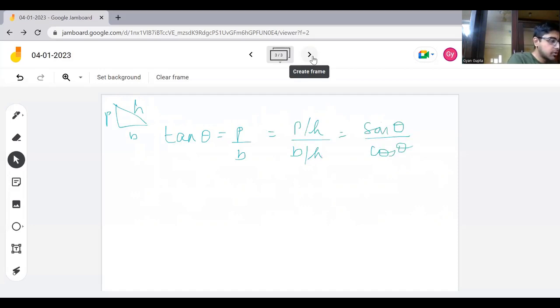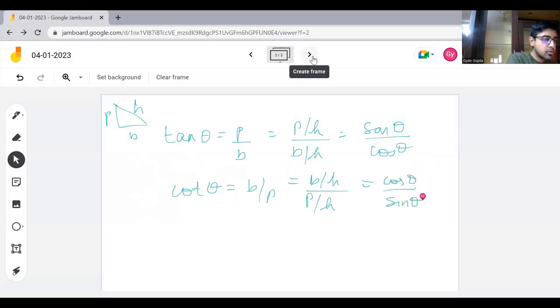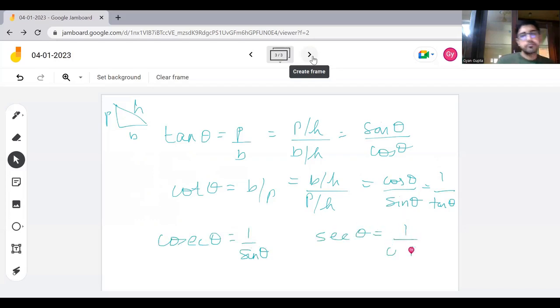Similarly, cot theta is equal to b by p, which is equal to b by h divided by p by h, which is equal to cos theta by sine theta. This is also equal to 1 by tan theta. Cosec theta is equal to 1 by sine theta, and sec theta is equal to 1 by cos theta. These become the derived trigonometric ratios.